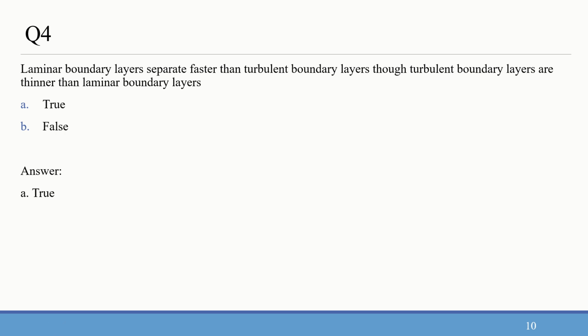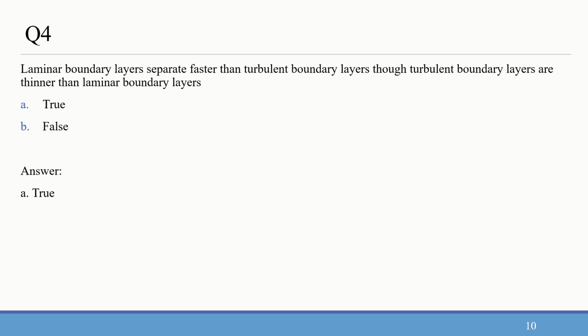So basically, the answer is true: laminar boundary layers separate faster than turbulent boundary layers, and turbulent boundary layers resist separation for a longer time, because laminar boundary layers have less momentum near the surface.